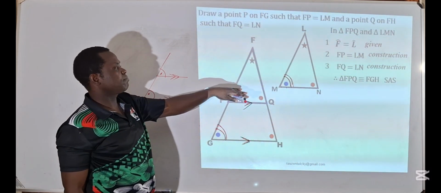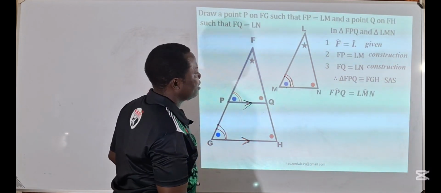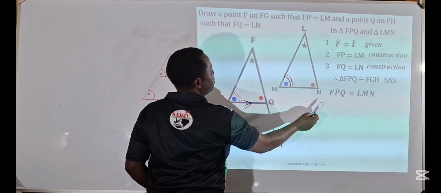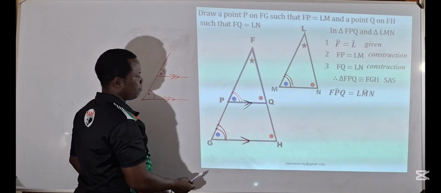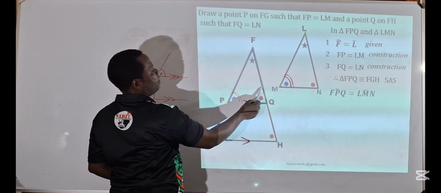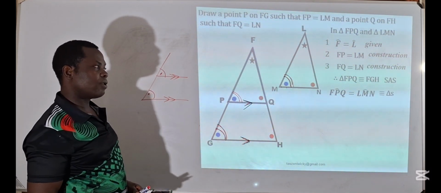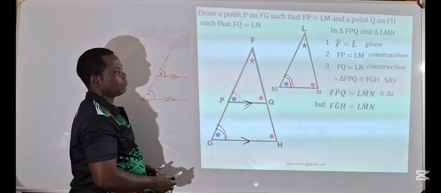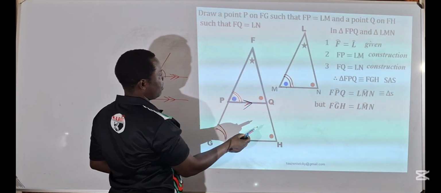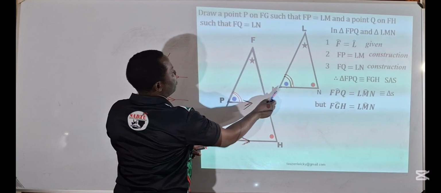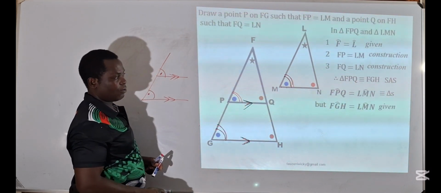So from here, we now make conclusions. The angle at point P and the angle at point M. So angle P and angle M are equal to each other because the two triangles are congruent. Then after that, we know that angle G and angle M are equal. That one is already given.